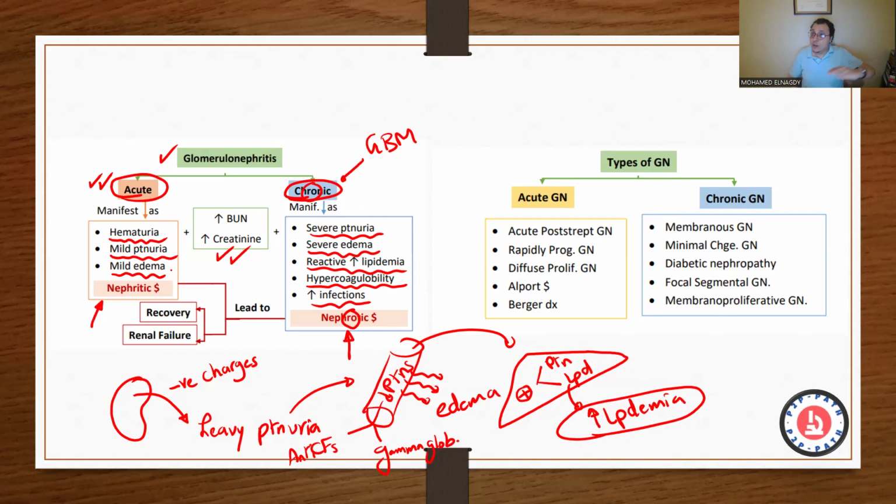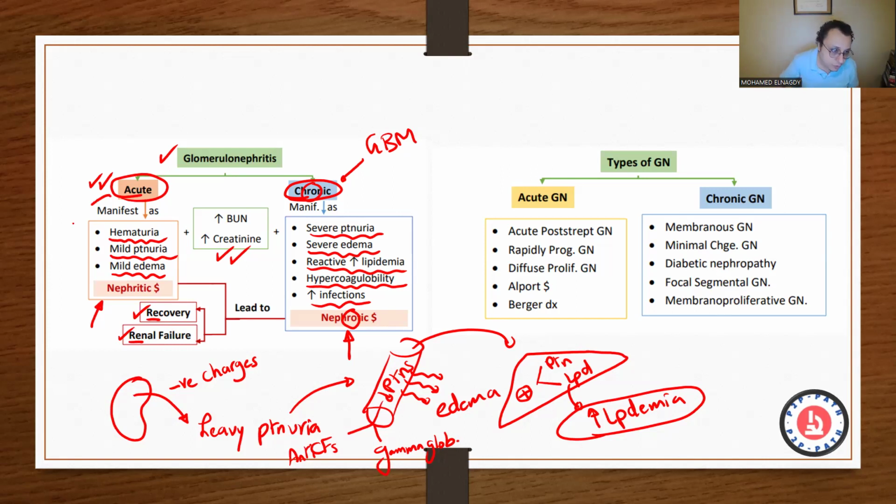So hematuria is bleeding. Bleeding equals severe, sudden damage, which is acute glomerulonephritis and nephritic syndrome. Both of them, you end up having one of two outcomes, which is recovery or renal failure. It depends.